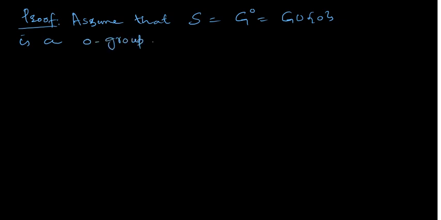OK, first you assume that this S is a zero group. Then by definition, G is a group.